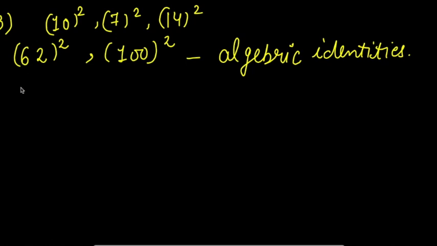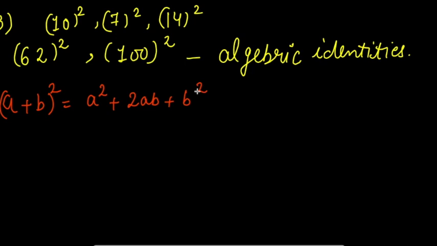So the algebraic identities, which we have already studied, I will give you a recapitulation of both. (a plus b) whole square is equal to a square plus 2ab plus b square. How (a plus b) whole square is equal to a square plus 2ab plus b square, this proof I will explain in my video on the algebraic identities chapter.